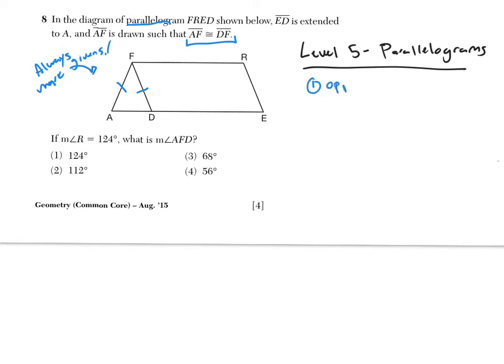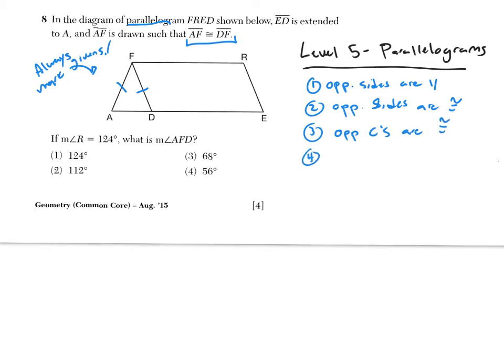1, opposite sides are parallel. That's one property. 2, opposite sides are congruent. 3, opposite angles are congruent. 4, consecutive angles are supplementary.